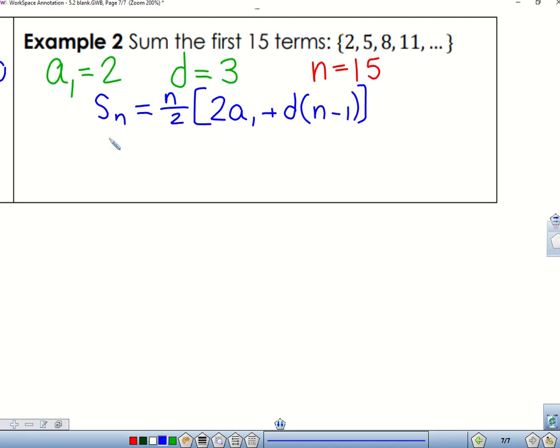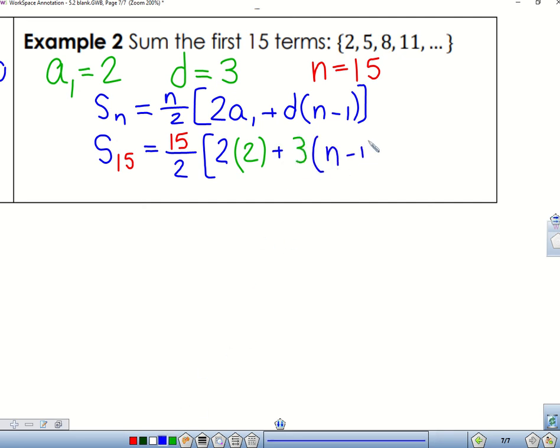So now that I know all of that information, I'm going to plug into the formula. So the sum of the first 15 terms is equal to 15 divided by 2 times 2 times 2 plus 3 times n minus 1.